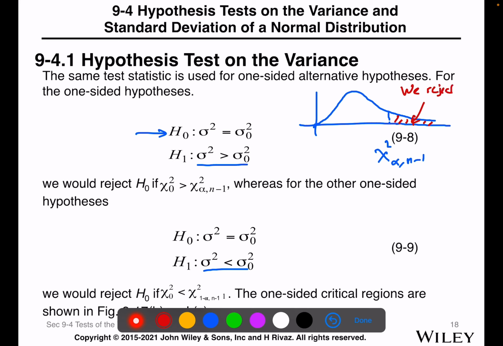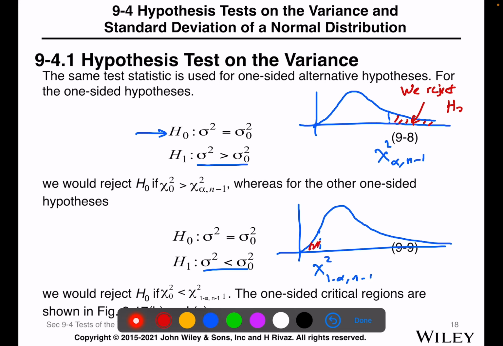And for the bottom case, this is chi-squared of 1 minus alpha and n minus 1.